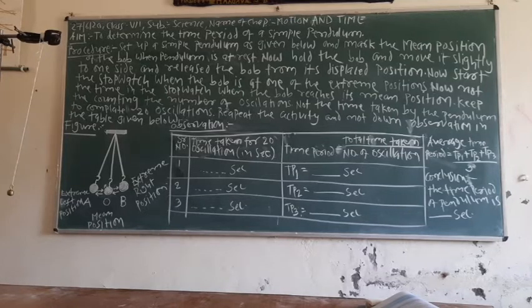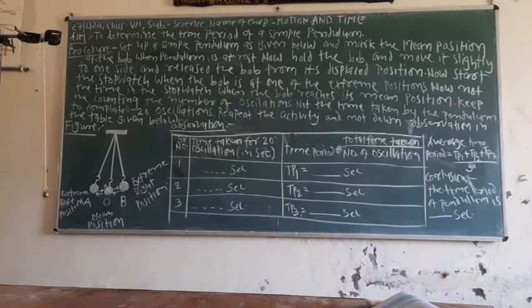When the bob reaches its mean position, keep counting the number of oscillations and the time taken by the pendulum to complete 20 oscillations. This activity is repeated 2 to 3 times, and our observations are entered in the observation table shown on the blackboard.